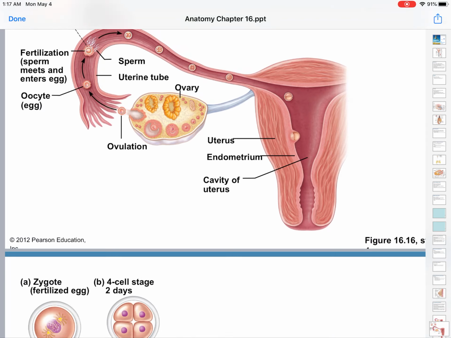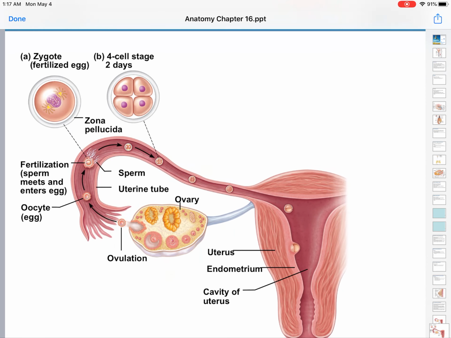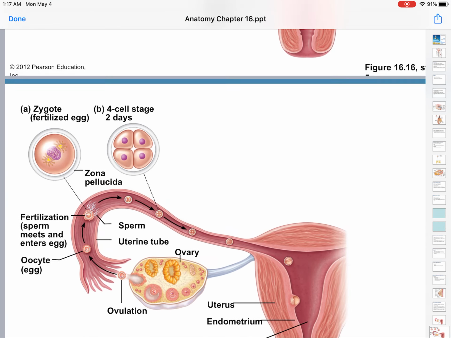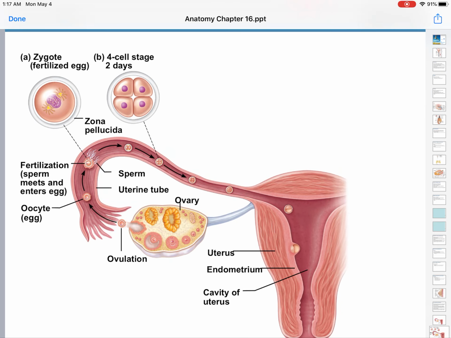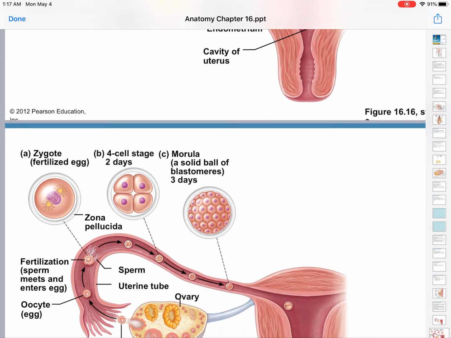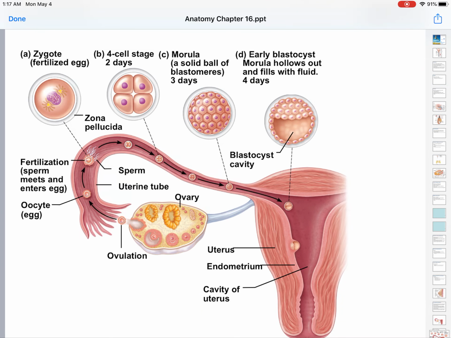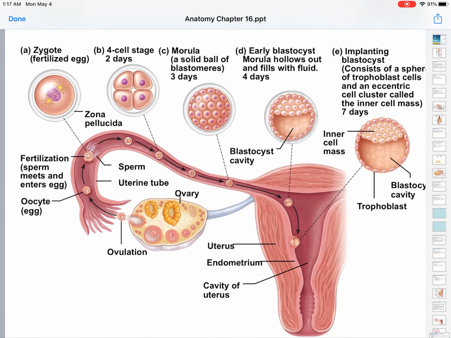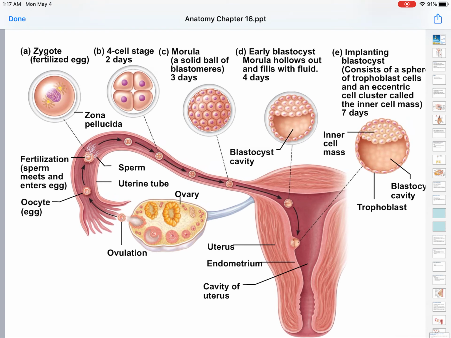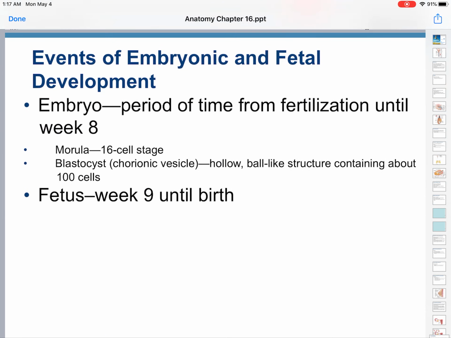Then it is pushed down the fallopian tube over the next couple of days. It divides very rapidly until finally we get the blastocyst when it enters the uterus, and after about 7 days, the blastocyst implants into the endometrium, and we can start the development of the embryo and the fetus.